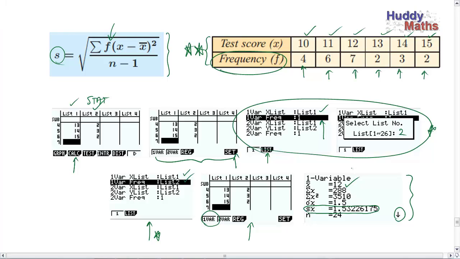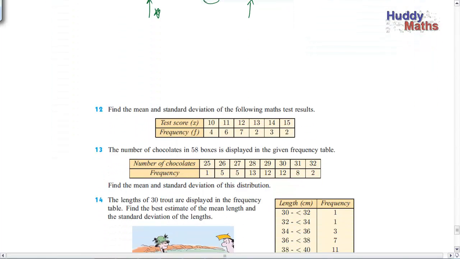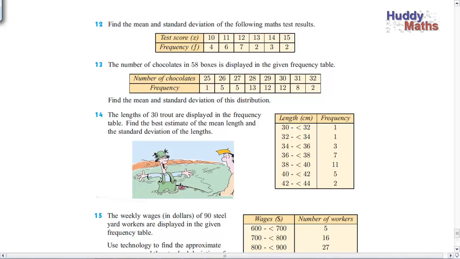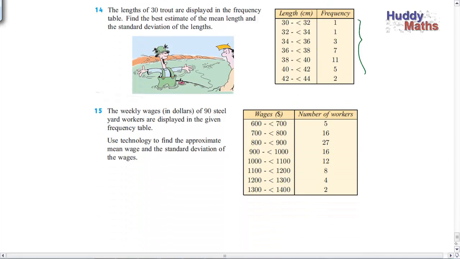Okay, come down now and let's have a look at some problems for you. 12, 13 and 14 are all frequency tables here, so set your calculator up carefully. Okay, come down and let's look at the last one, 15. And I want you to have a go, get excited, draw good graphs, make sure your technology's there.